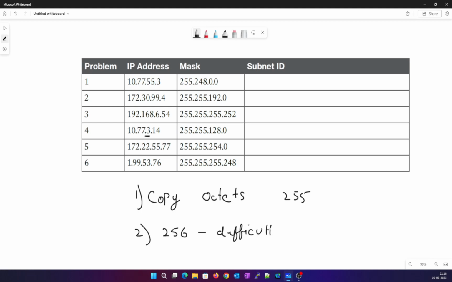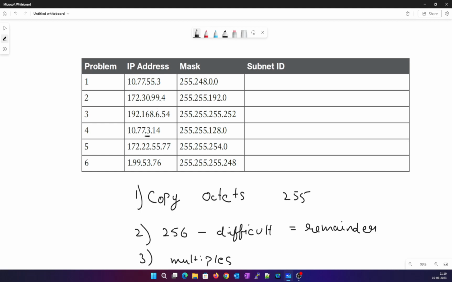I call it a difficult mask, right? Third, the remainder of this second step, you use the multiples of the remainder and find out the number, right?